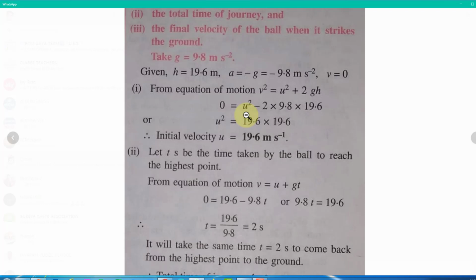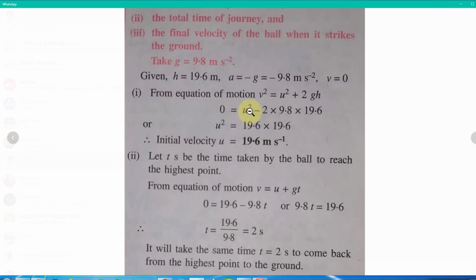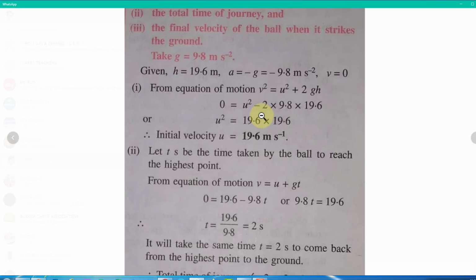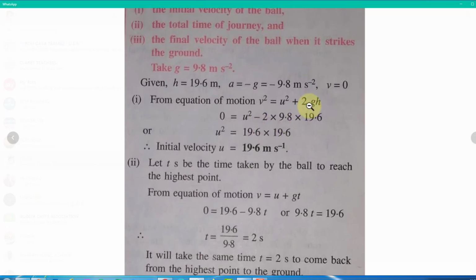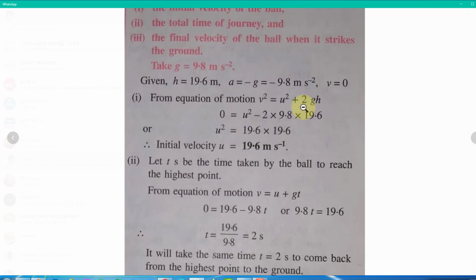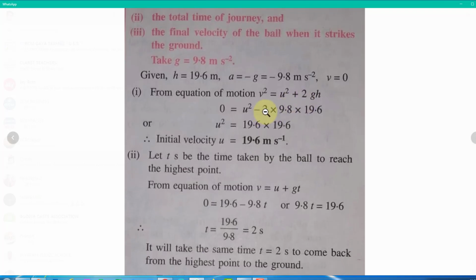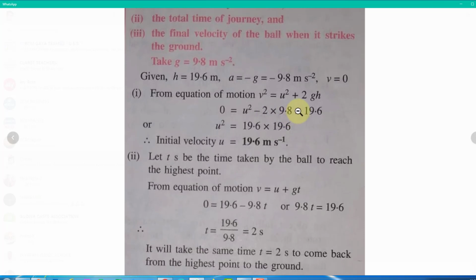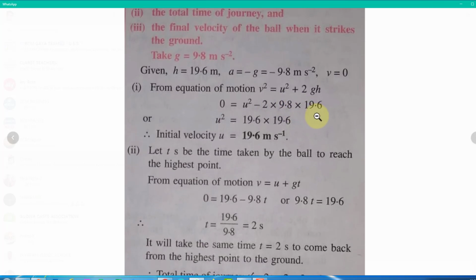u, initial velocity, you have to find the velocity with which the body is thrown upward. Here plus given and here minus given. Why? Because here g is given, but g is which type? Negative g. That's why here minus came. 2 into minus 9.8 into 19.6 height.